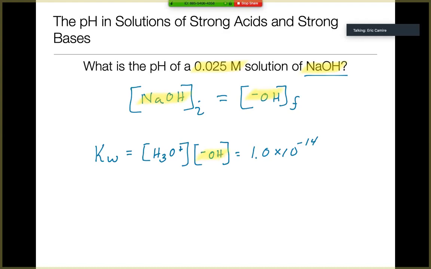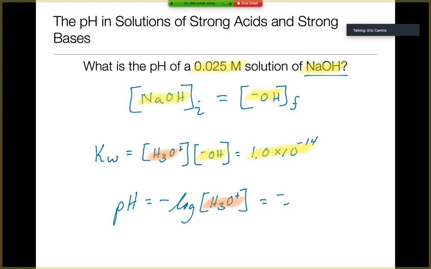So if I know the concentration of hydroxide and I have my Kw value, I immediately can solve for my hydronium. And again, we recognize pH is the negative log of hydronium concentration, right? So we make our connection.